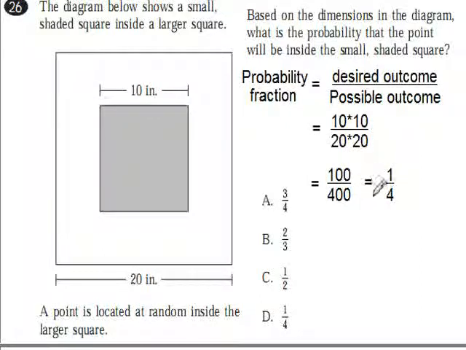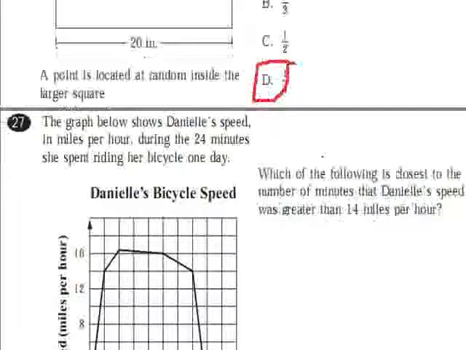Well, that's equal to 1 over 4, right? And that's the probability fraction for landing inside this small shaded square. So if you look out of all your options, choice D would be your option for this one. So let me scroll down a little bit and we'll move on to 27.